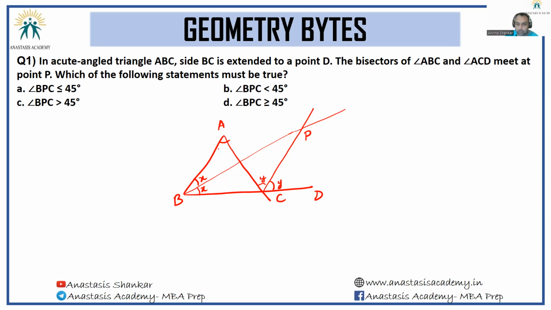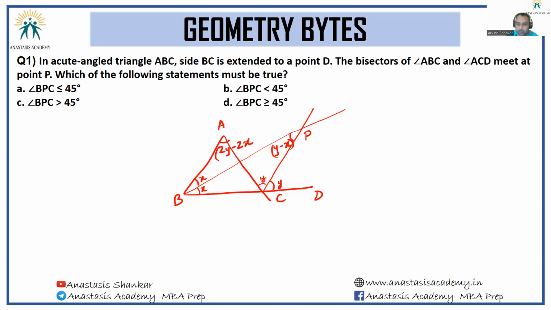So this angle here should be equal to 2y minus 2x. Now angle PCD should be equal to PBC and BPC. So this angle here should be equal to y minus x.